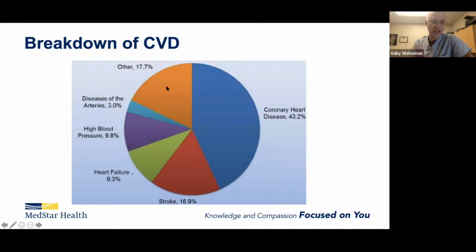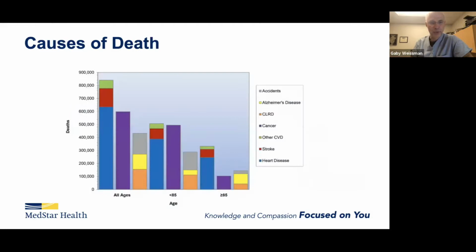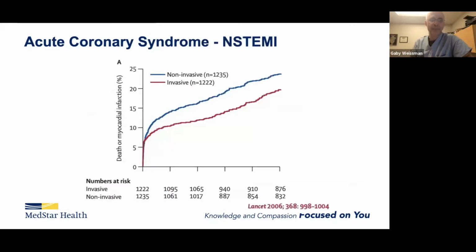We're interested in valve disease, but coronary artery disease is still the biggest chunk of everything that we do, and it's important to remember that. Cardiovascular disease is still the leading cause of death across all ages. You can see it certainly in the older population, but really across all ages, it's a very important condition. So, not to belabor the point.